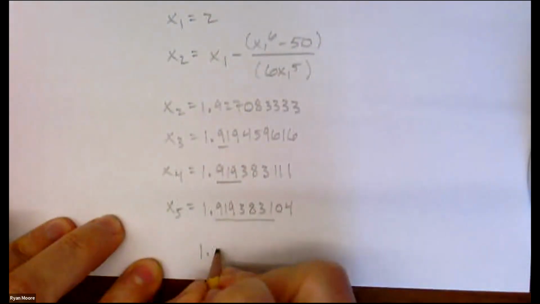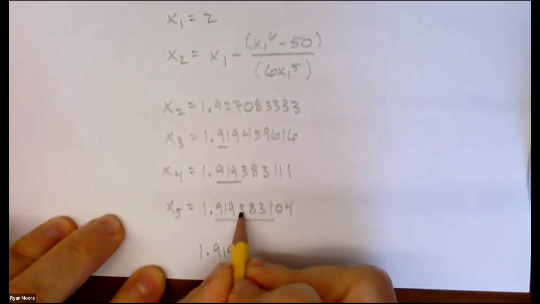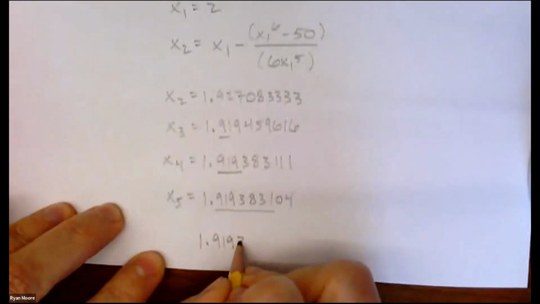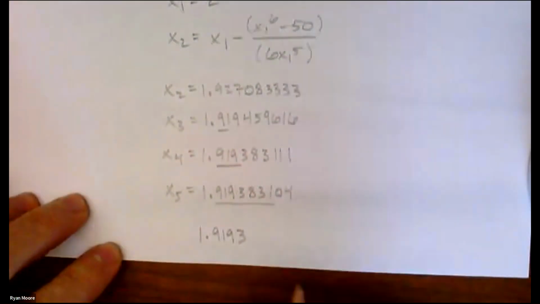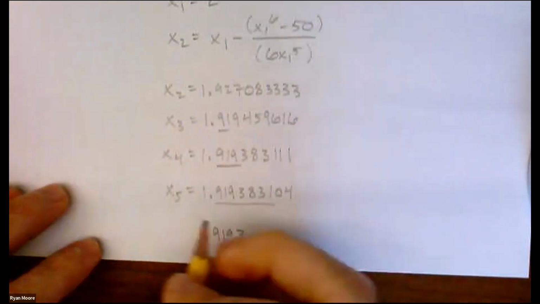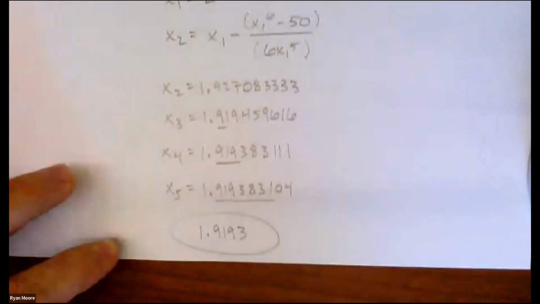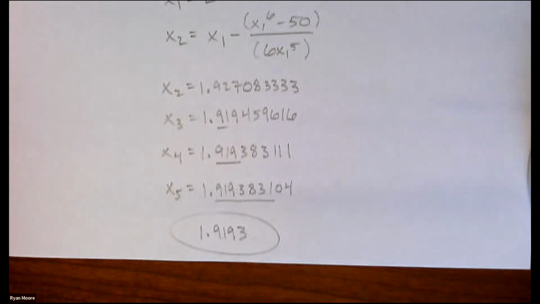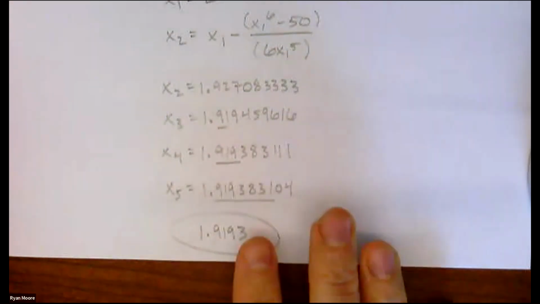So our answer is 1.919. I'm going to go with the 3. You could round it to a 4. That is approximately the 6th root of 50. Pretty amazing, or at least it's accurate to within 4 decimal places. That's pretty nice.